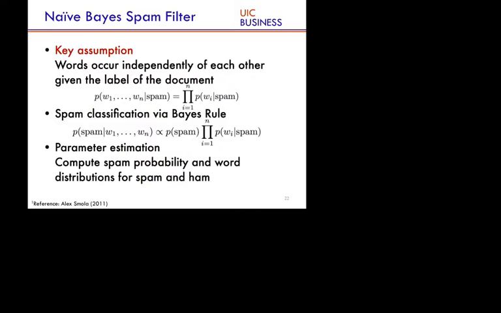The key assumption that this solution makes is that words are independent of each other given the class, whether it was spam or not, and also the word positions don't matter. Think of the class as a binary random variable.